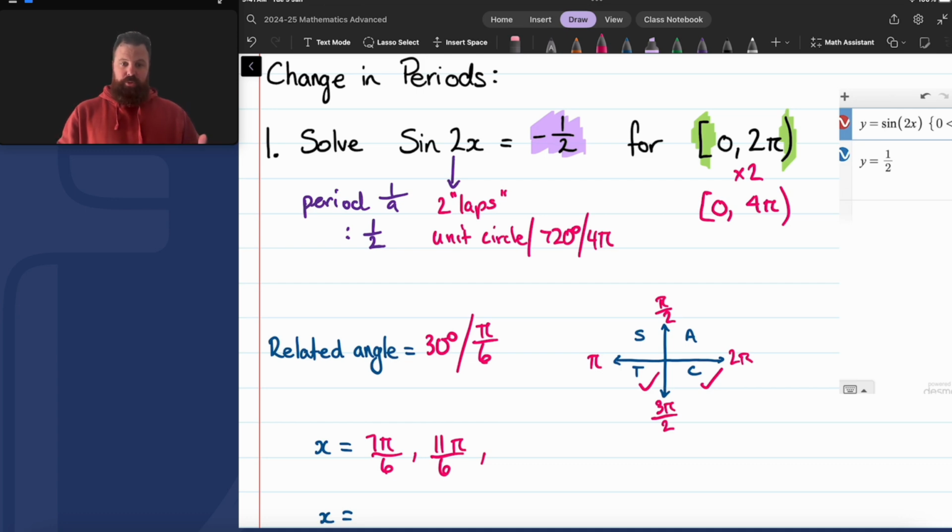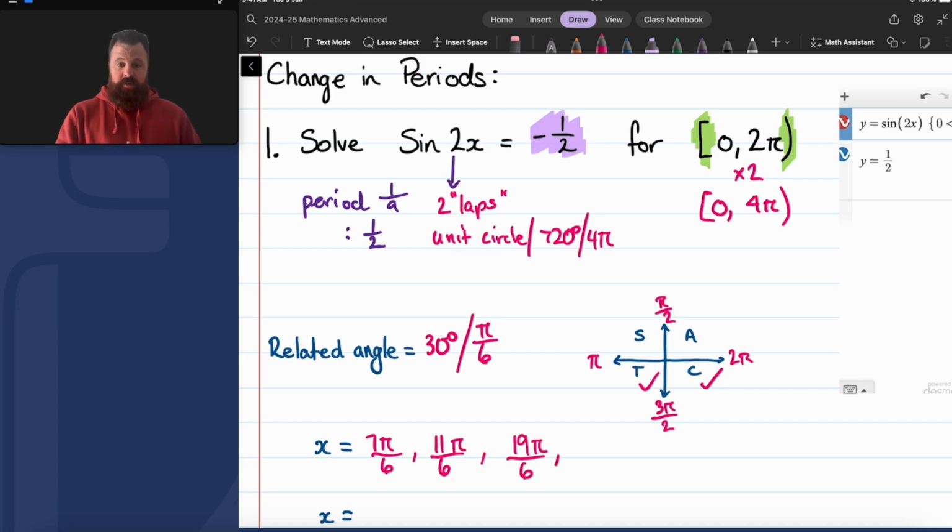So now I'm going to do 7 pi on 6, the first solution, and then just do that a full lap later, which is a full 2 pi later. So 7 pi on 6 plus 2 pi, remembering that's 12 on 6. 7 plus 12 is 19. So the next solution I have is 19 pi over 6.